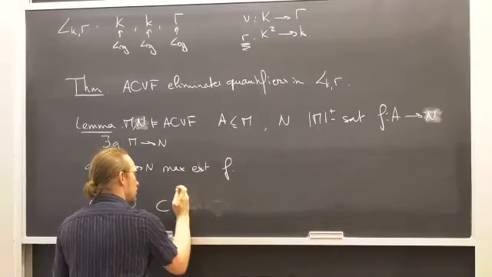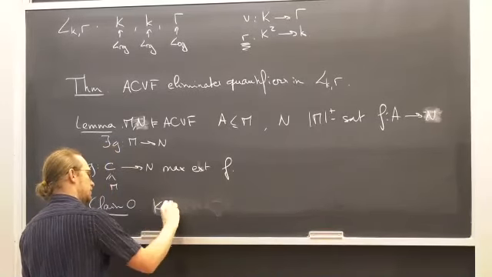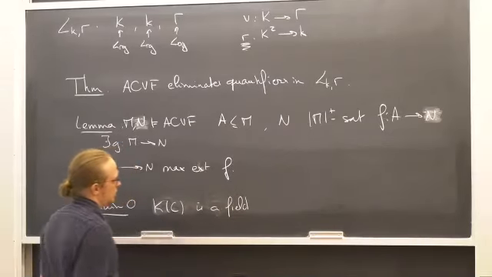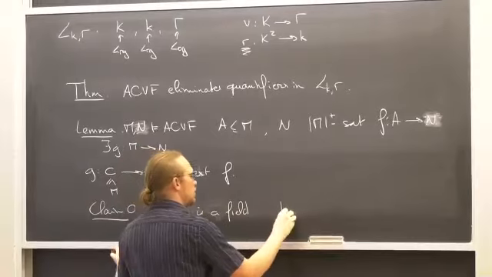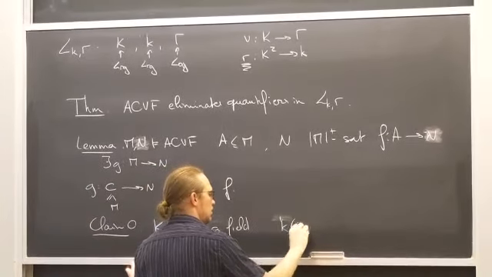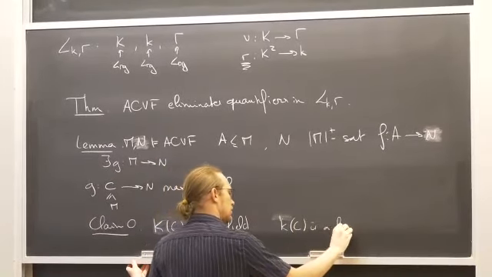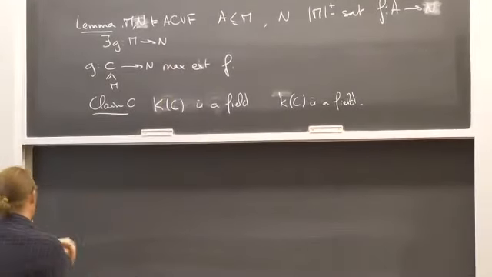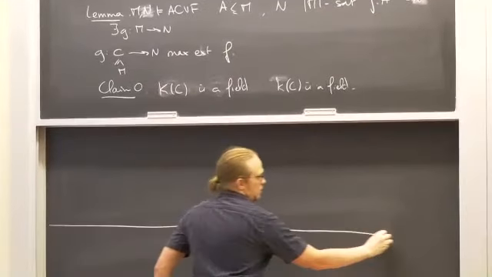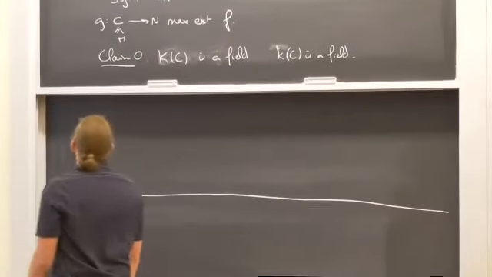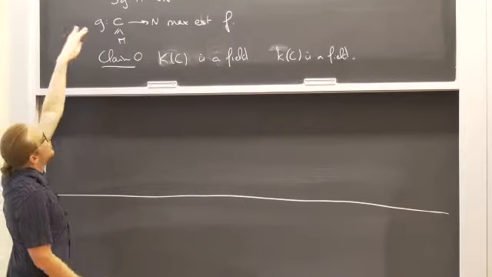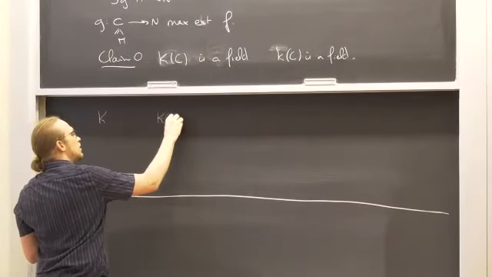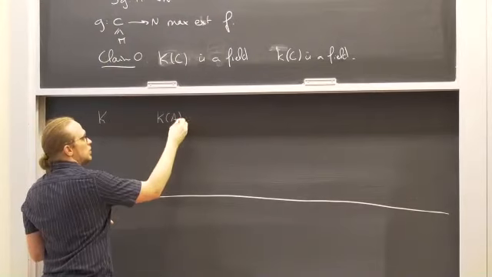Well, K of C is a field, and actually also little k of C, but this is easier. And how do you do that? Well, you do exactly what you think you do. You have F, and on K, you look at K of A, and then you take the fraction field of that.